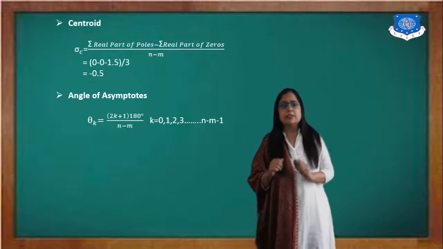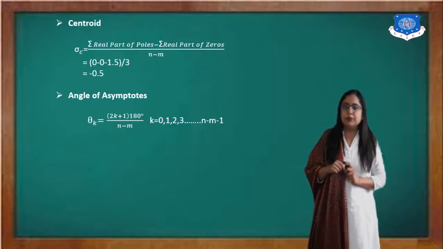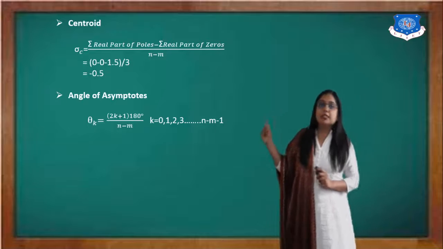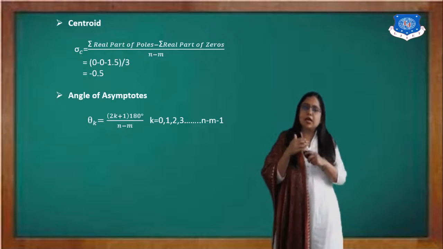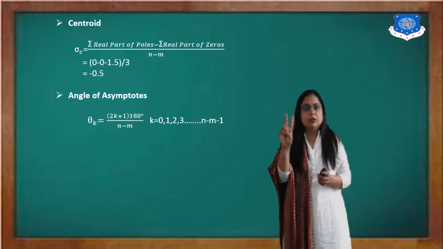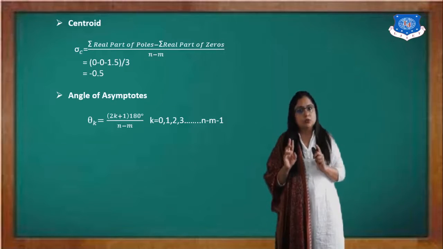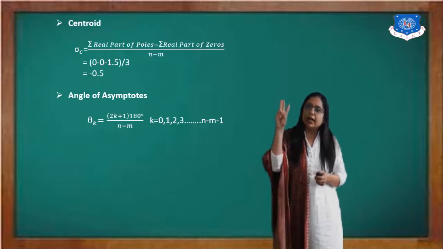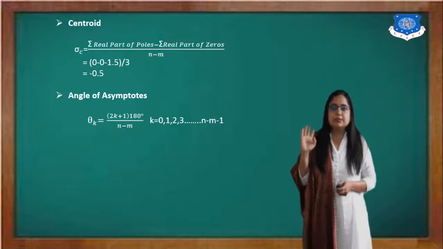So here you substitute the value of n, that is 3, and the value of m is 0. So 3 minus 0 minus 1 equals 2. So we will start from 0 and go up to 2, because n minus m minus 1 equals 2. So the value of k becomes 0, 1 and 2. So in total we will get 3 angles of asymptote.